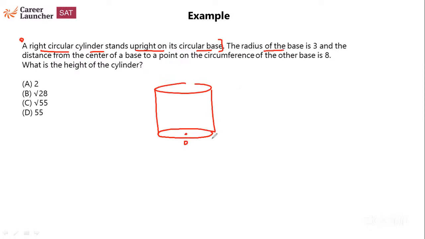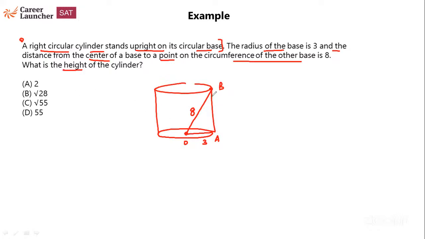Let's say this point is O. OA is given as 3. The distance from the center of the base to a point on the circumference of the other base. Let's say if one base is this one, the other base is this. Let's take a point B here. Now this distance from the center of one to a point on the circumference of the other is 8.